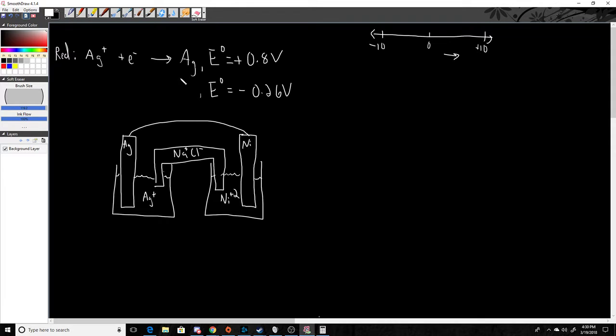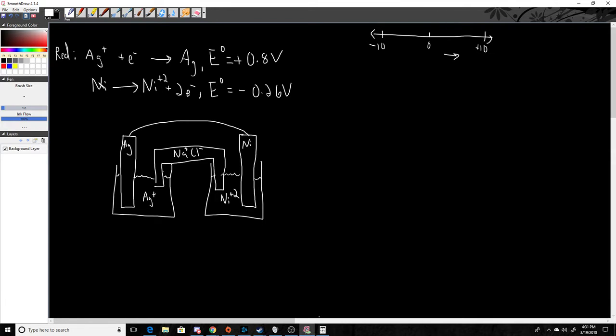I had Ni. If I'm flipping it around, I'm going to end up with Ni2+ plus 2 electrons, right? So now I flipped this reaction around.